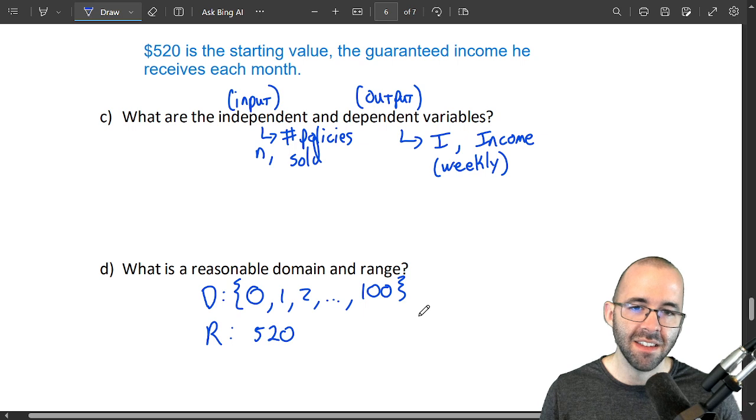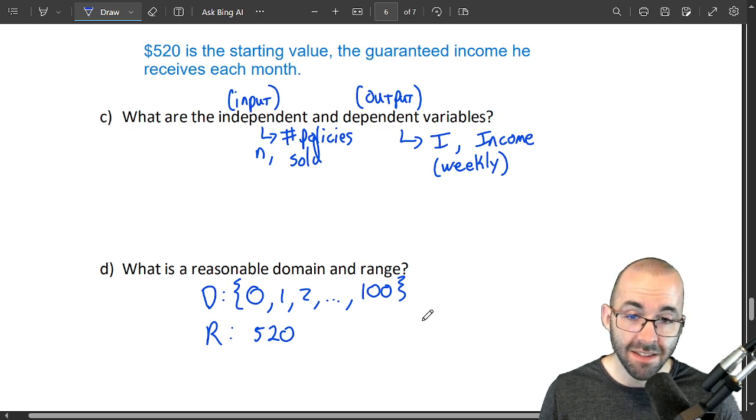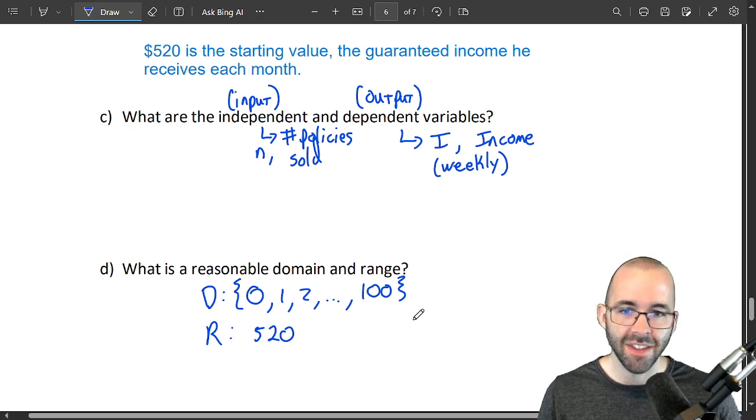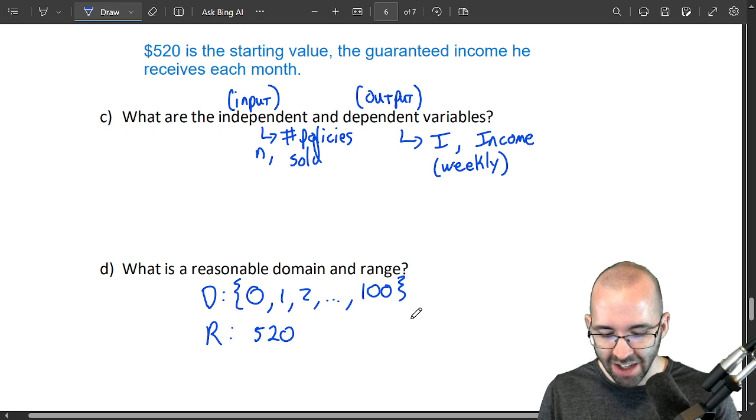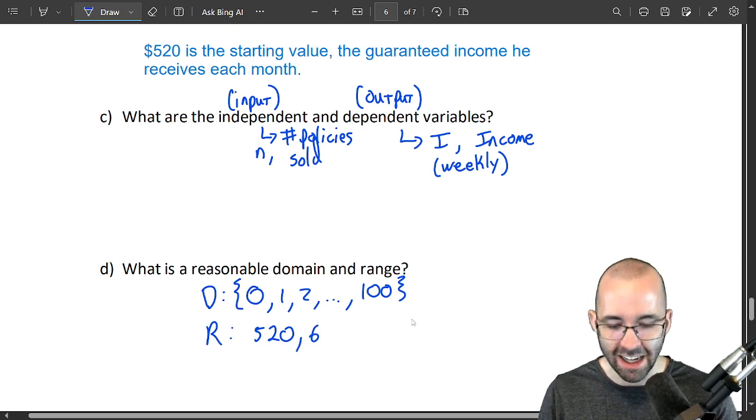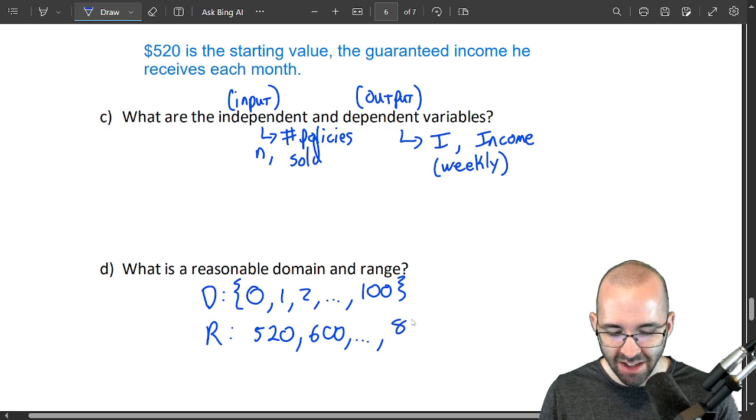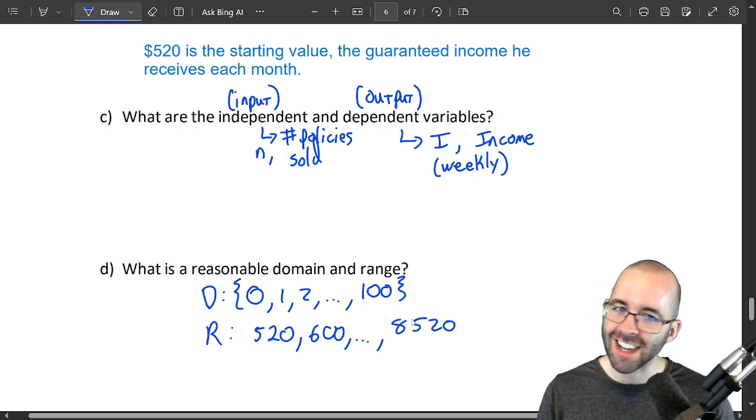Going to be 8,000. Okay. So the maximum income, right? We're counting by 80. We're really being precise. Counting by 80 all the way over to 8,520. That's a nice weekly income.